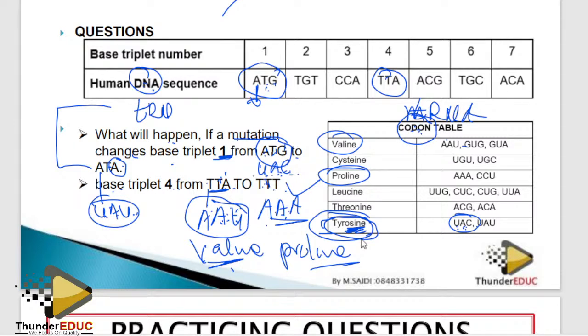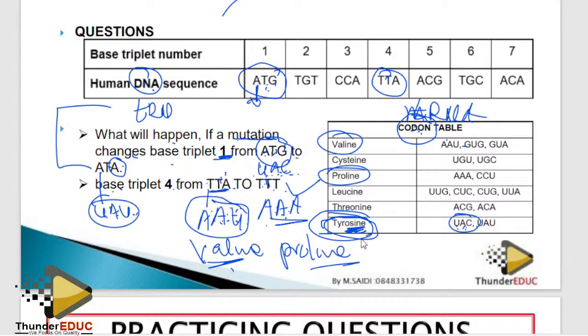Scenario number 3. Explain what will happen to a protein if the DNA base has changed. They have not said it, you have to interpret it automatically.